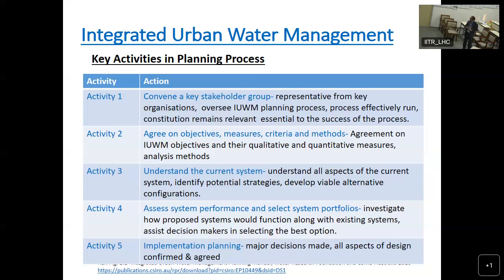So the fifth activity is implementation. Sir, in the fourth one, do you optimize also? Sorry? Optimization. So we normally do optimization of the network as one aspect, okay? But you can optimize one type of system which will have different cost. Some kind of trade-off.